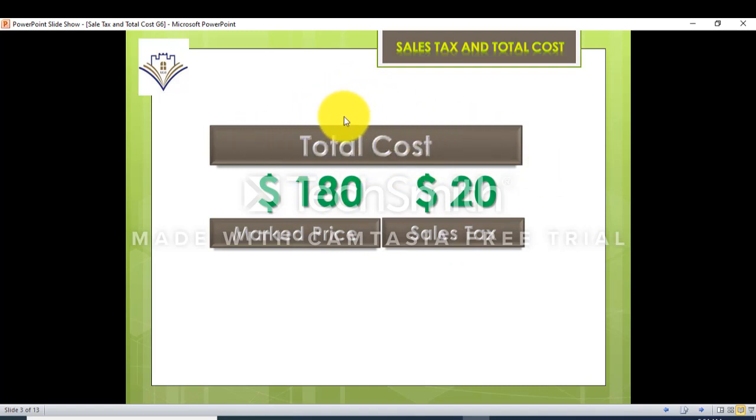Tell me, the total cost will be, yes, $200. I told you before that the total cost is the sum of market price and sales tax. So if the tax is $20 and the market price is $180, then the total cost is $200.